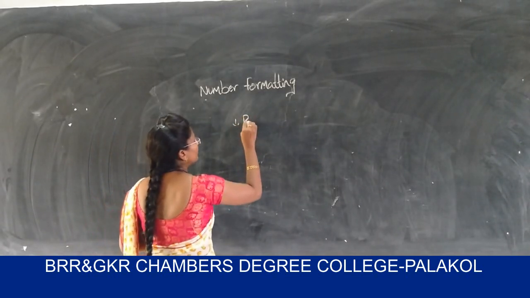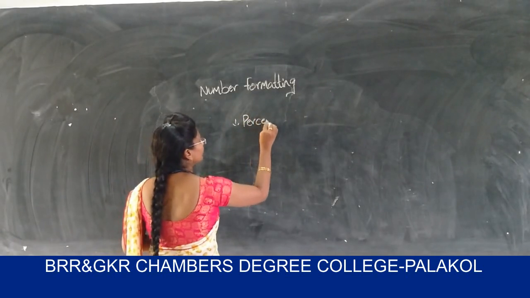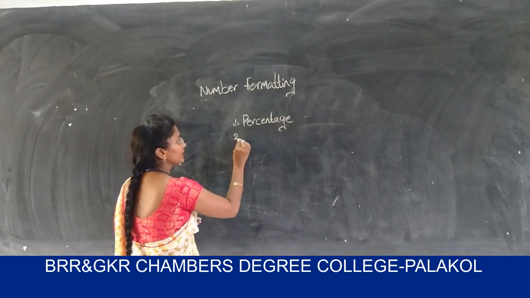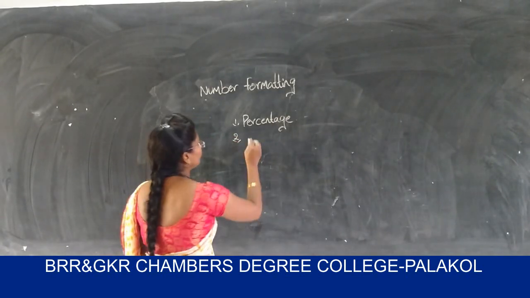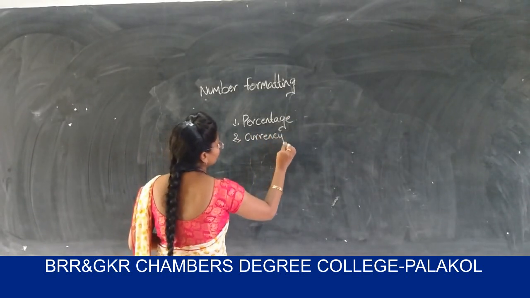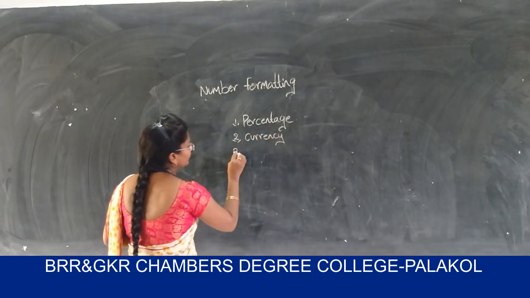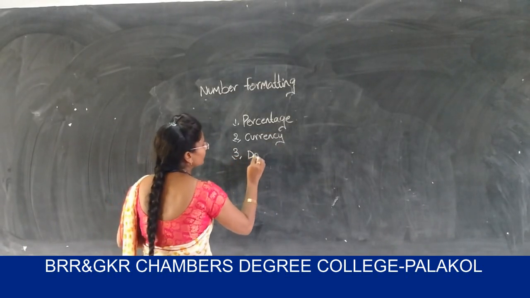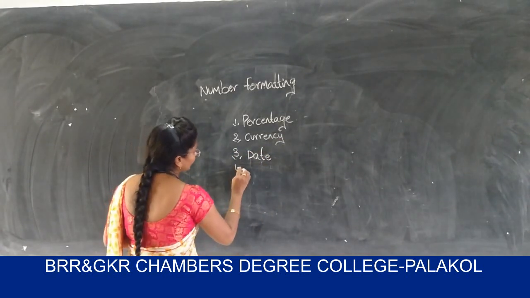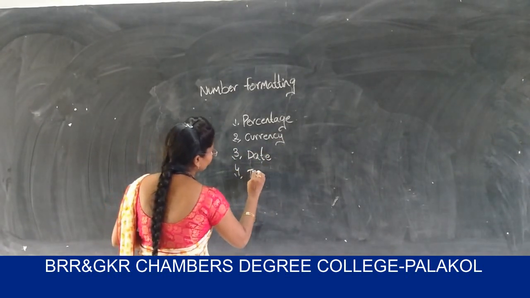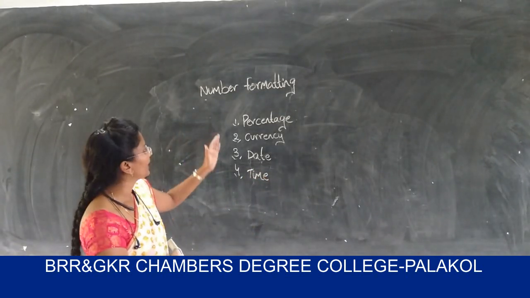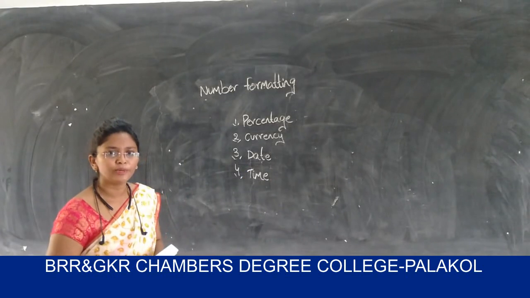First one is percentage, and the second way is currency, and third one is date, and fourth one is the time. These are the four types available in the number formatting.